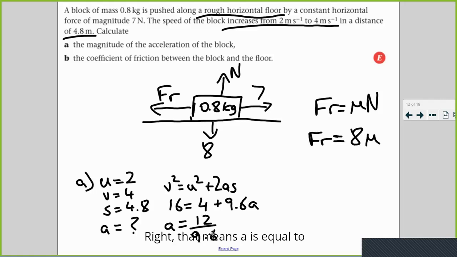Right, that means A is equal to 12 divided by 9.6. If you do that on the calculator, you should get 1.25.